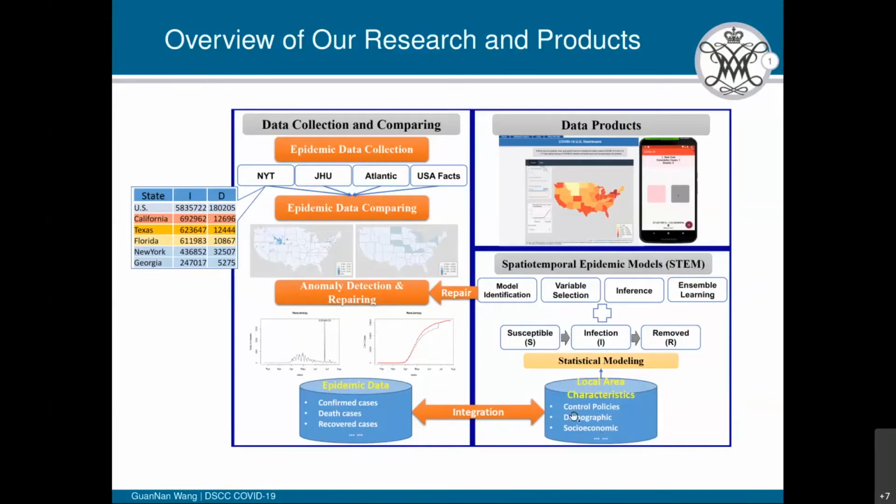Based on the data, we can conduct some other research, such as our STEM model, and based on the findings, we can establish a dashboard like this with multiple R-Shiny apps embedded in it, as well as a long-term projection for the next 4 months.